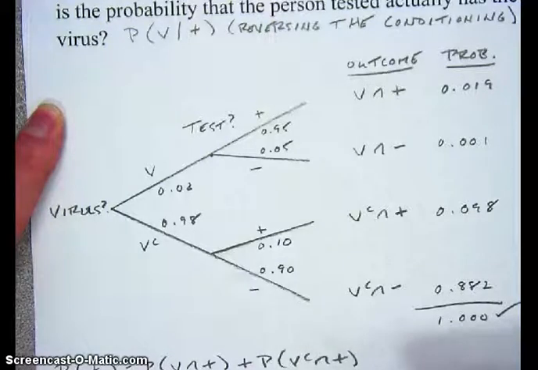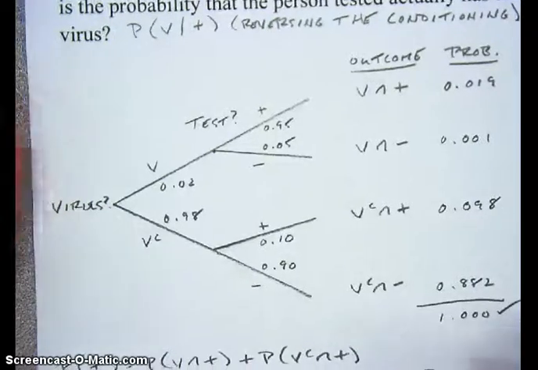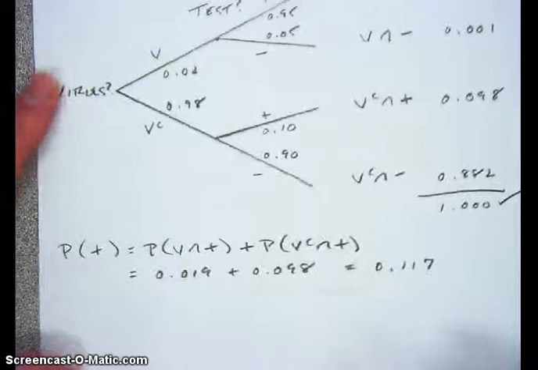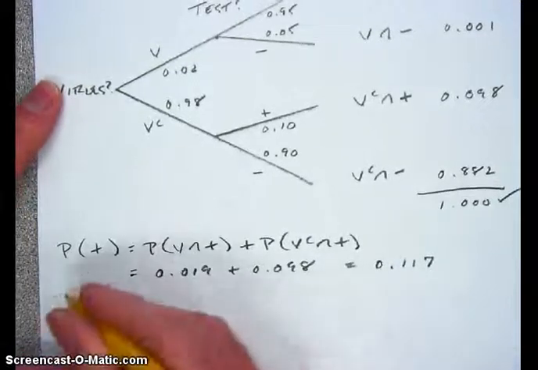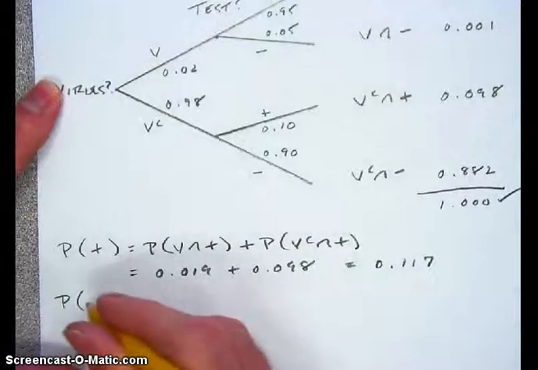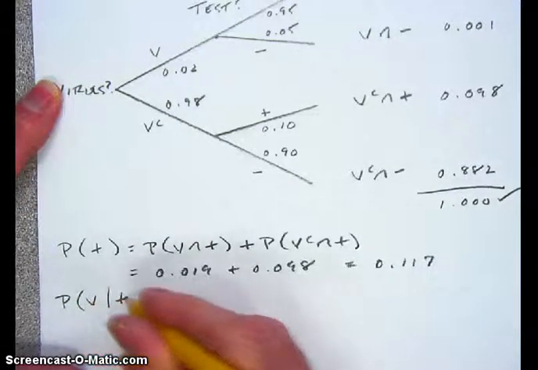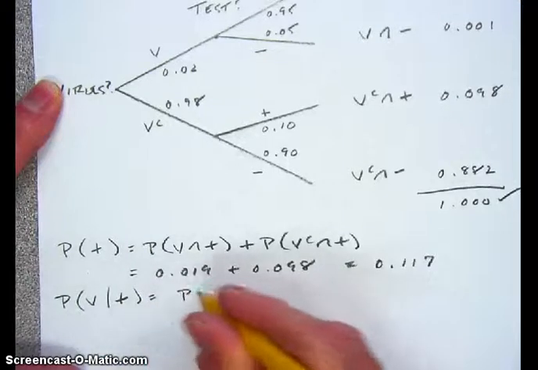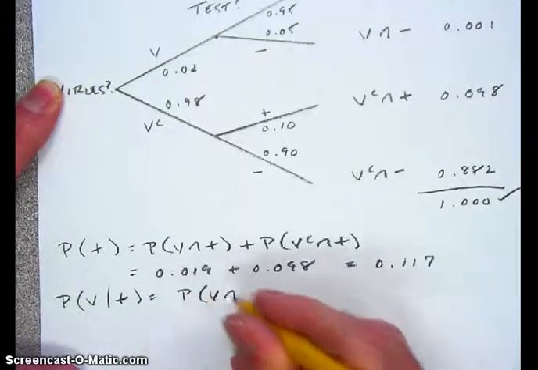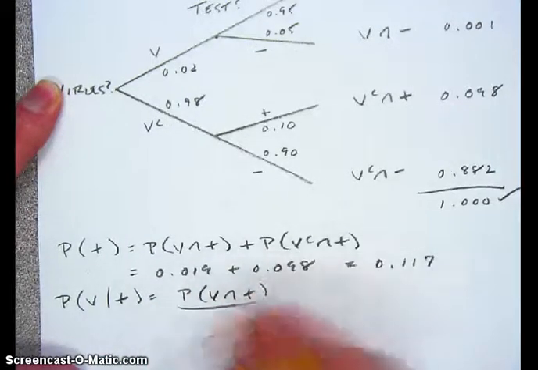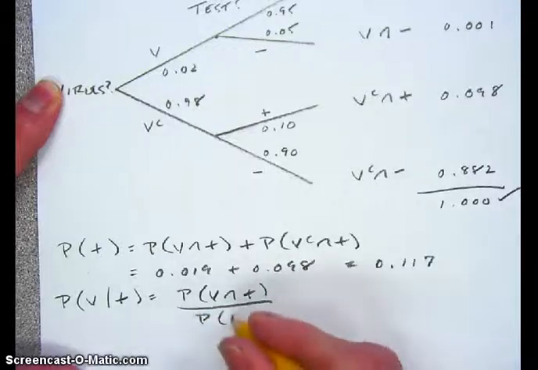And then the probability that somebody has the virus, given that they had a positive, is the probability of having the virus and getting a positive divided by the probability of the positive.